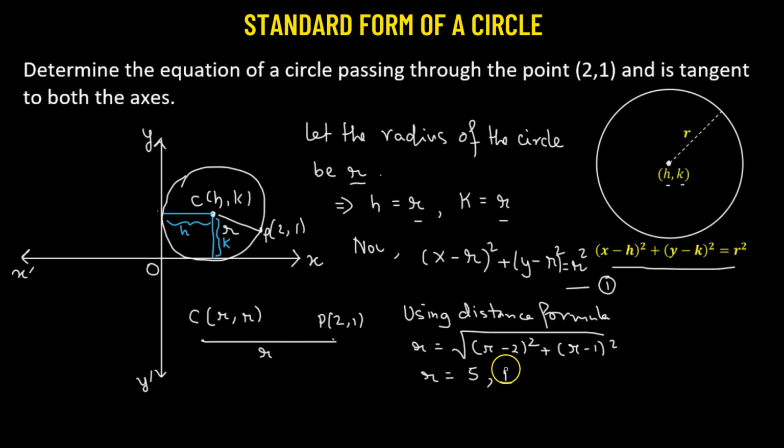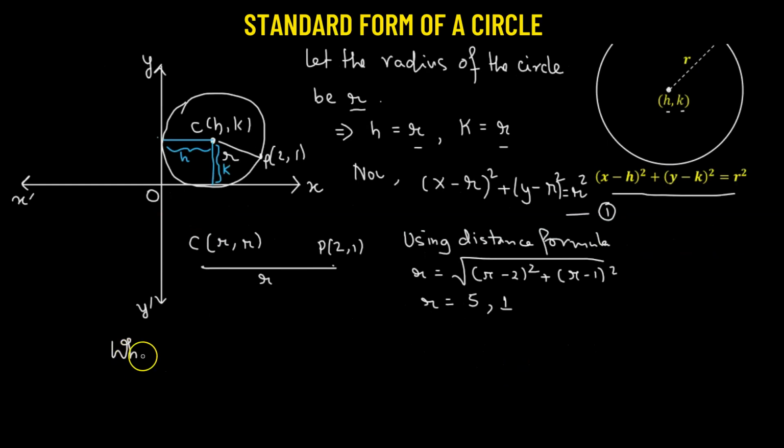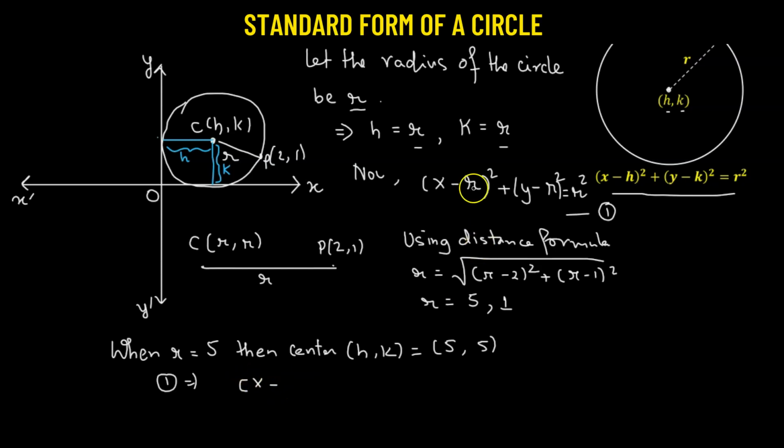That means we have two radii, which tells us that there are actually two circles. The r value is 5 units, then the center (h, k) is given by (5, 5). In that sense, equation 1 can now be rewritten by replacing r with 5. So we have (x minus 5) whole squared plus (y minus 5) whole squared equals 25.